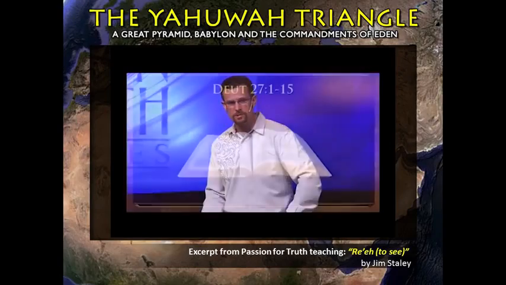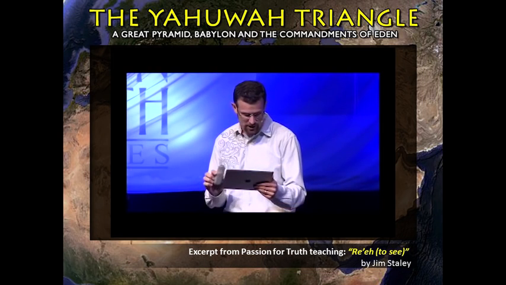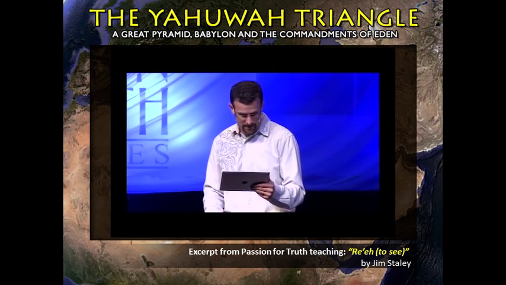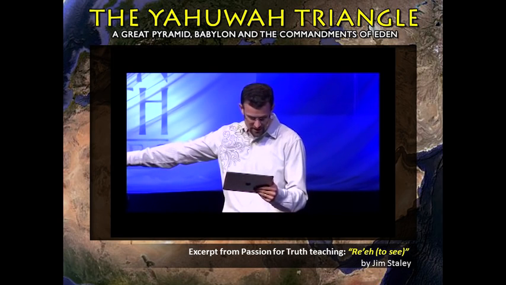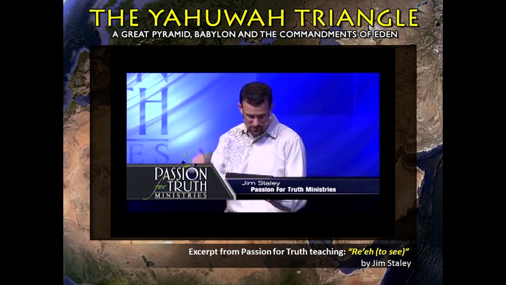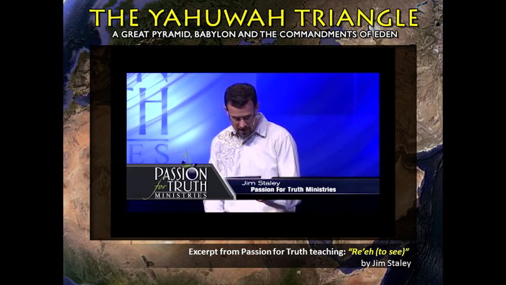If you go to Deuteronomy chapter 27, it says this. Then Moses and the elders of Israel charged the people, saying, keep all the commandments which I command you today. So it shall be on the day when you cross the Jordan into the land which the Lord God gives you, that you shall set up for yourself large stones and coat them with lime. And write on them all the words of this law, okay?